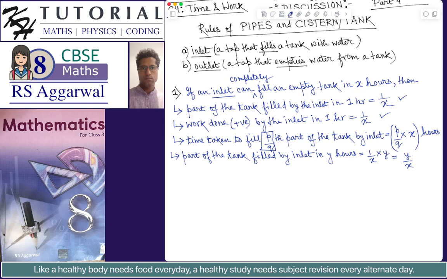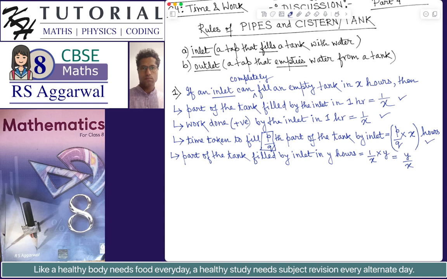So we know that one part of the tank is being filled in X hours. So definitely P by Qth part of the tank will be filled in P by Q multiplied by X hours. This is just applying a basic unitary method. So this was the third result.